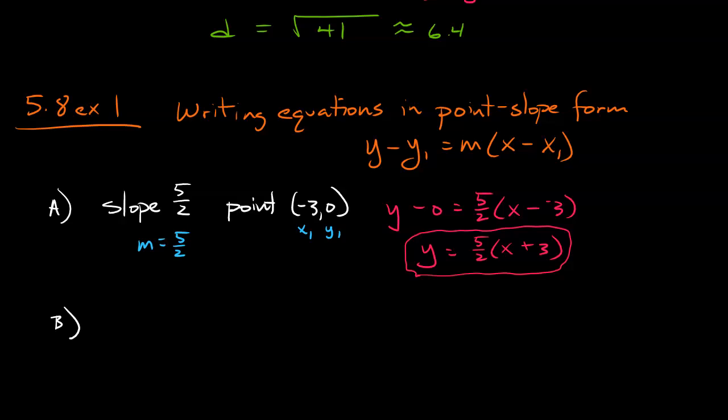Let me put one up here for you to try to write on your own. Let's make one with a slope of -7, and we'll give you the point 4, 2. See if you can write the point-slope form given this information.